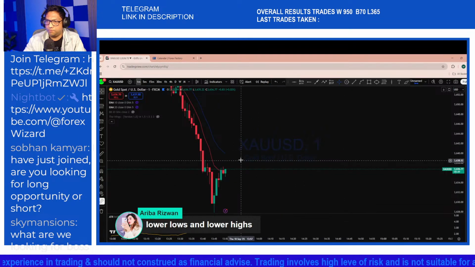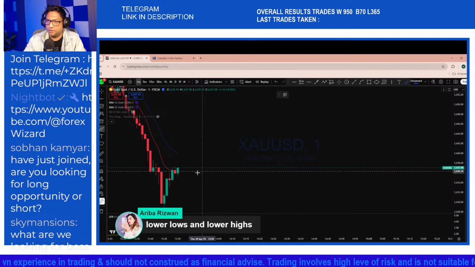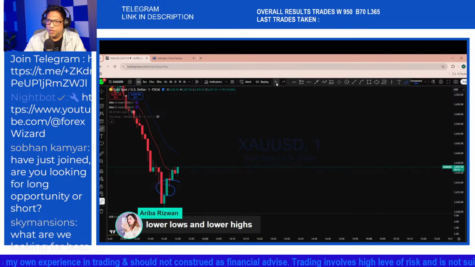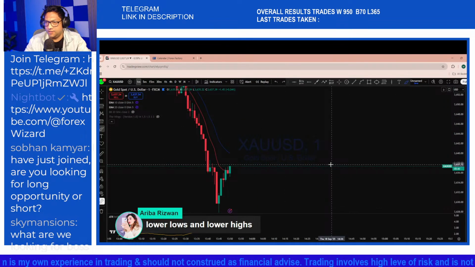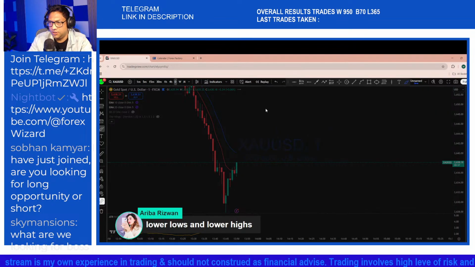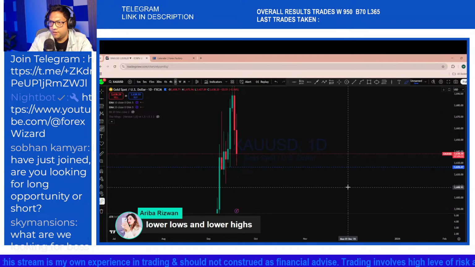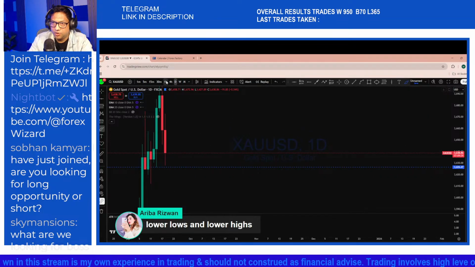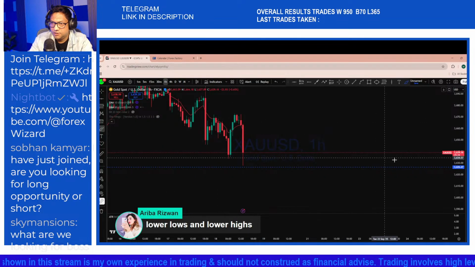So it is potentially forming an inverted head and shoulders here, could be making its way back in that direction. And on the daily support, if you look at what I think now, it's on a pullback.